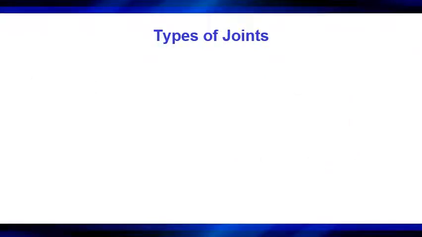Now we're going to look at types of joints. We know our body is comprised of joints, and we have joints that serve different purposes. Typically when you bring up joints, everybody thinks right away of the movable joints, our elbow, shoulder, what have you. But there are other joints throughout the body, and we're going to talk about classifying them.